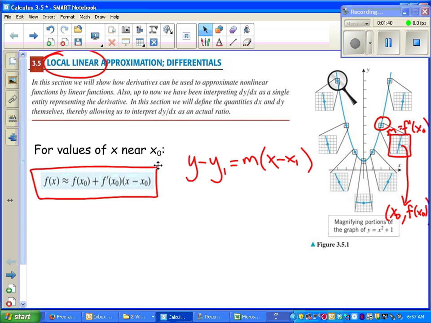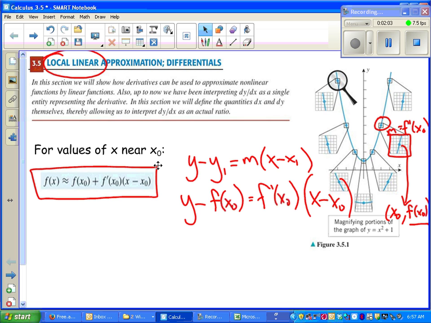So we're going to plug things in. Our y1 is f of x0. Our m is f prime of x0. X minus, our x1 is really x0 on this problem. And let's not call that y.